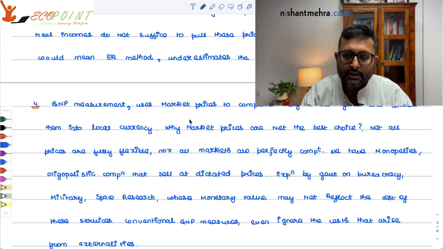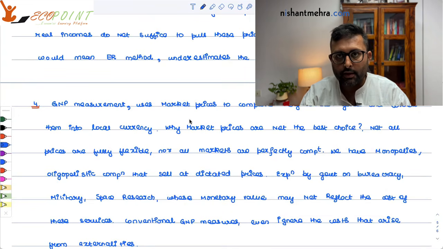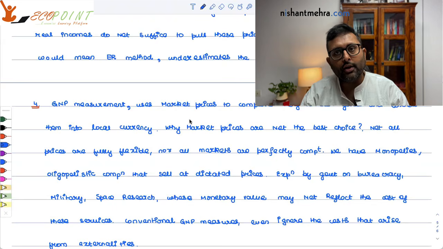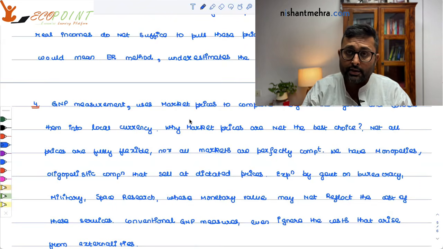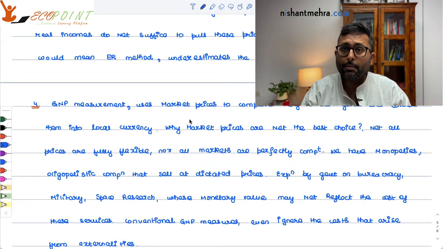The problem is that you cannot assume that all markets are perfectly competitive. You cannot assume that all prices are fully flexible. There are monopolies, there are oligopolies, there are public utility companies which are going to sell only at dictated prices, right? So you can't say that they are being governed by the market.